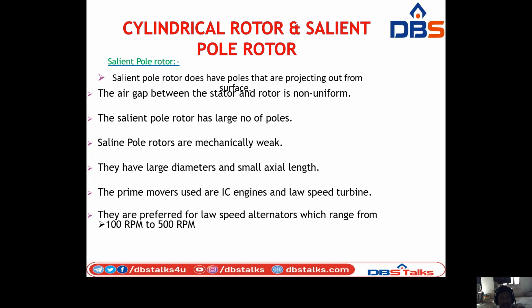These are mechanically weak in construction, with large diameter and small axial length. The prime movers used are IC engines and low-speed turbines. They are preferred for low-speed alternators, which range from 100 RPM to 500 RPM.